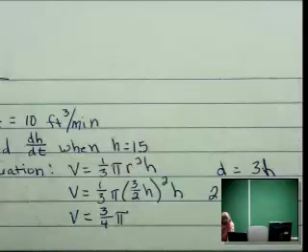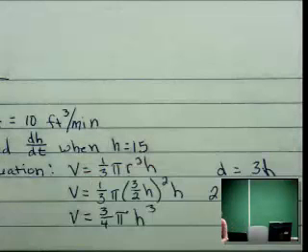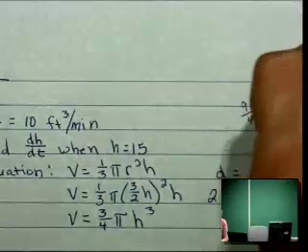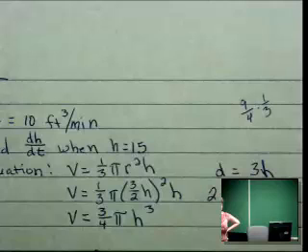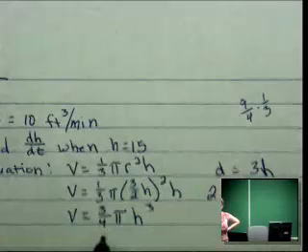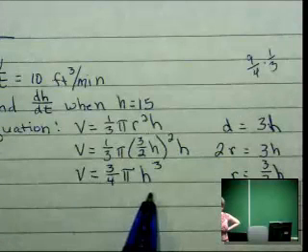Let me see if I did that in my head correctly. So is that what you got for an equation for V in terms of h without any r's in it? Yes or no, this is okay?